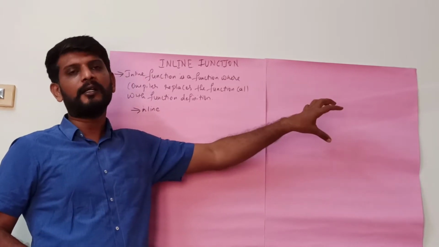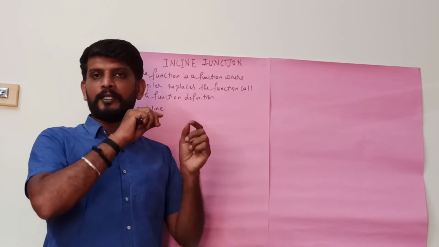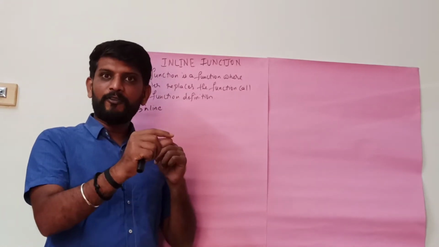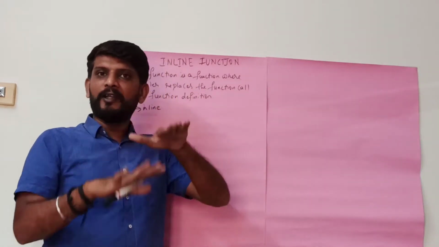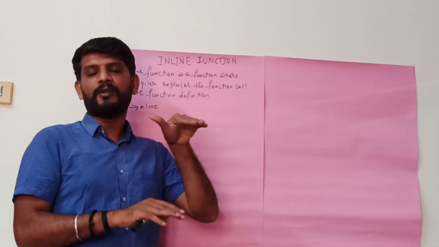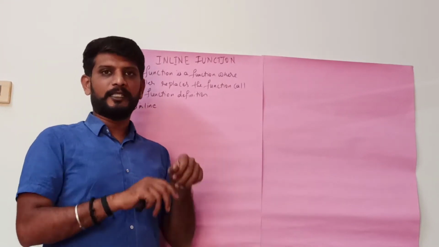So let us consider the function definition will be having 5 lines of code. The function call is 1 line of code. So 1 line of code will be replaced with 5 lines of code. So the memory gets increased. That is one of the disadvantages of using the inline function.